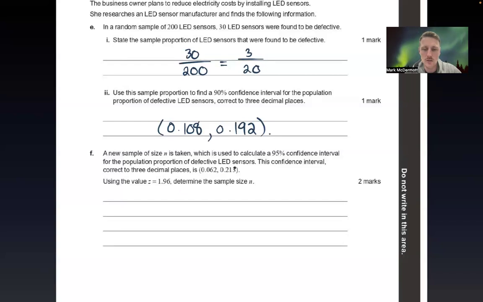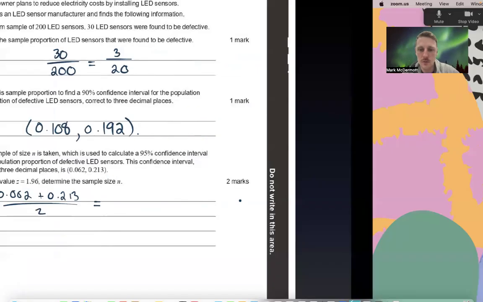I think what we need to do is find out what the mean sample proportion is, which would be directly in the middle of the 95% confidence interval. So you need to take 0.062 plus 0.213 and halve it. So you find the middle, right?